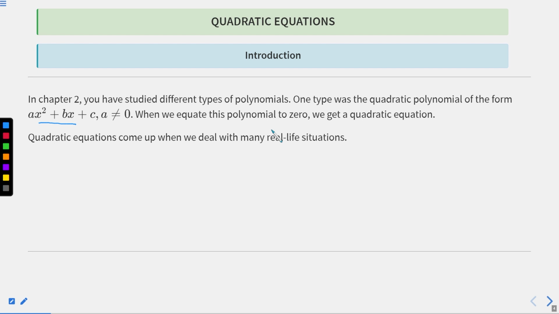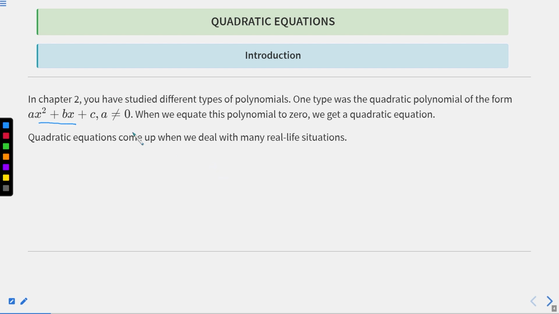A quadratic polynomial can be expressed as ax square plus bx plus c, where a does not equal 0. This form is the general form of the quadratic polynomial.